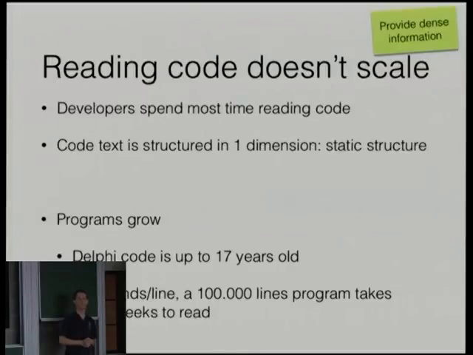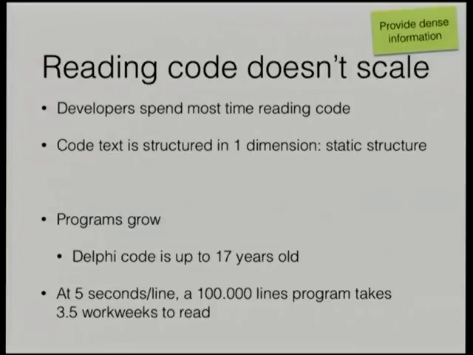We have been working with larger systems which are several 100,000 lines of code, and if we start working with them, then it's clear that just reading all that code is not going to scale. 100K lines, reading it takes work weeks, and mostly we want to be able to see where we are and find what we should change within days or much faster.